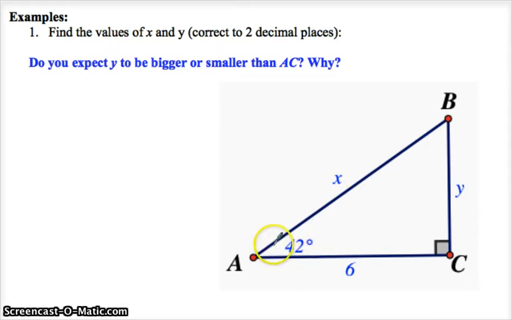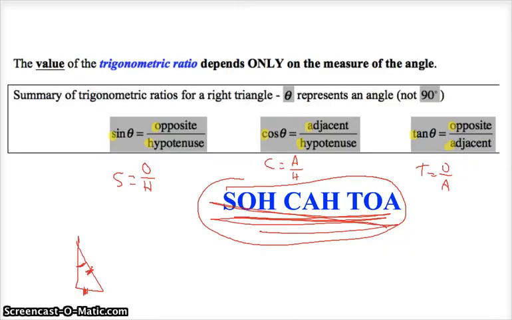You put in your calculator sine 42 or cosine 42 or tangent 42, it knows what that ratio should be. Sine of 42, the ratio of the opposite and the hypotenuse in that triangle, should be a specific ratio, or the cosine of that angle, or the tangent, no matter what the size of that triangle actually is.